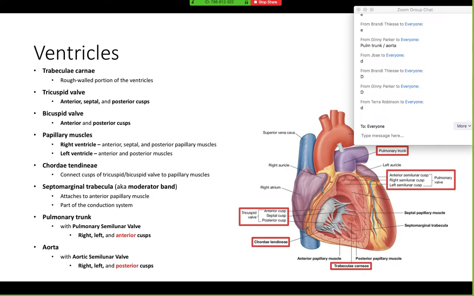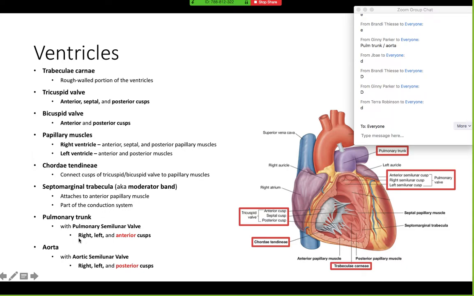Make sure you know tricuspid versus bicuspid valve, of course. The tricuspid valve has 3 cusps. The bicuspid valve only has 2. You want to know what your papillary muscles are, that they're anchoring the chordae tendineae, and the moderator band.